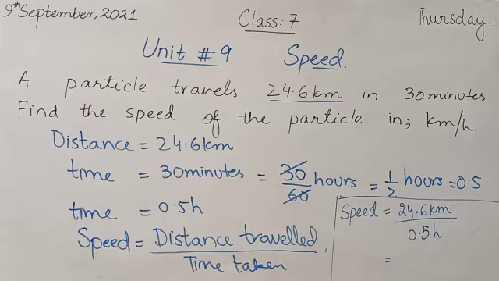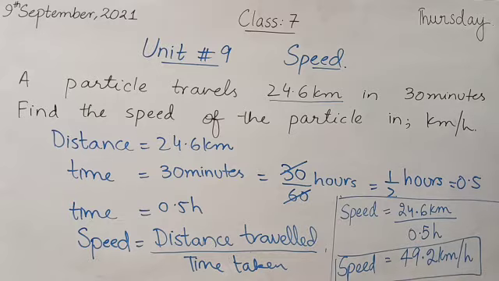When we divide 24.6 kilometer by 0.5 hours, we get 49.2 kilometer per hour. This is the speed of that particle in kilometer per hour. See once again. We have the question, a particle travels 24.6 kilometer in 30 minutes.